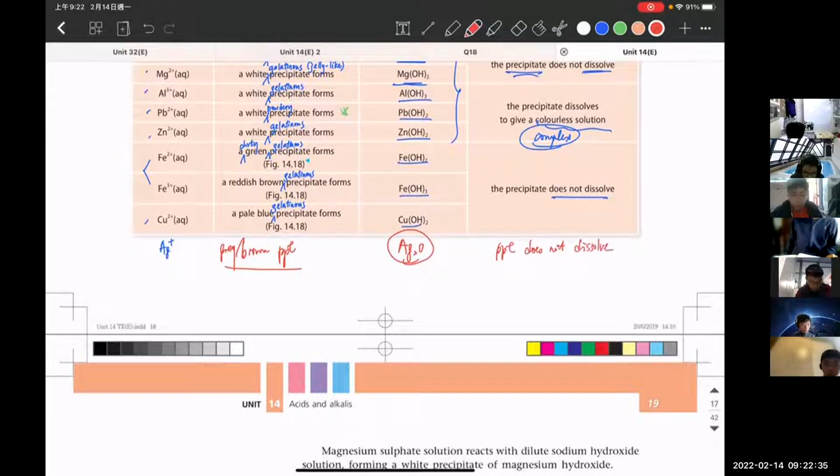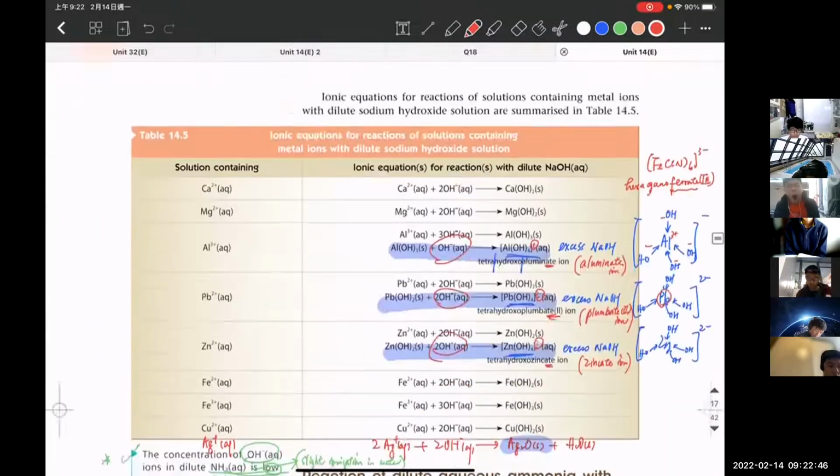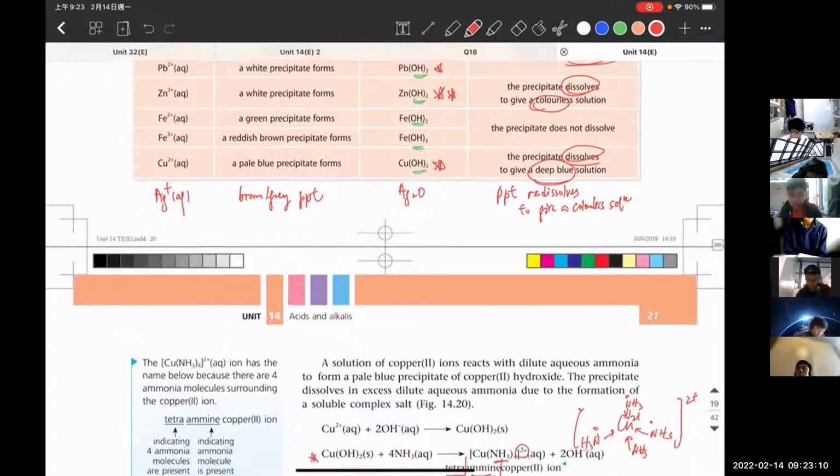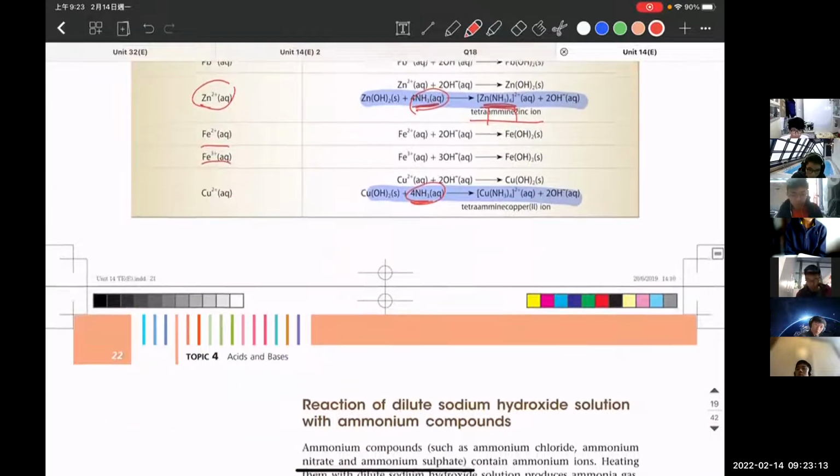Now the difference is that if I put it in excess NaOH, that silver oxide precipitate does not dissolve. But if I put ammonia into silver ion, first of all, for a little ammonia added, they will have a gray or brown precipitate. And if I add excess ammonia, the precipitate will dissolve to form a colorless solution. So what is the equation? All of you please mark it down.